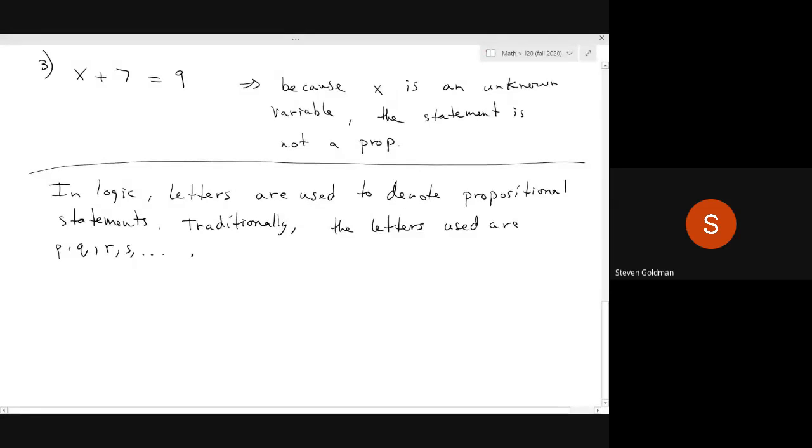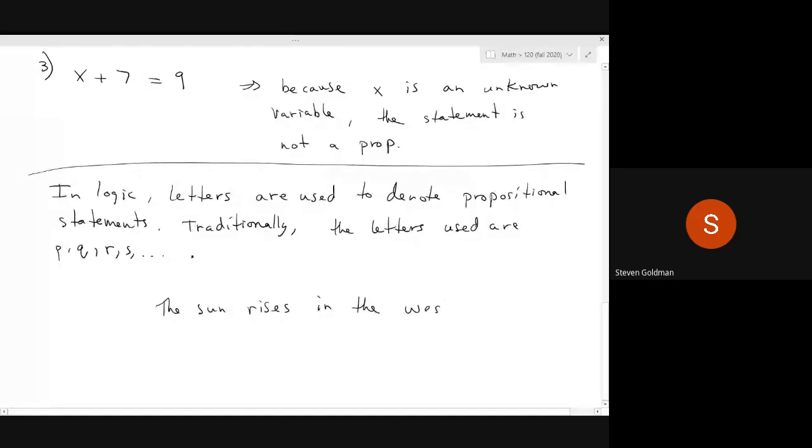All right. So, for example, let's say I have a proposition. Let's say my proposition is the sentence, the sun rises in the west. This here is a proposition.